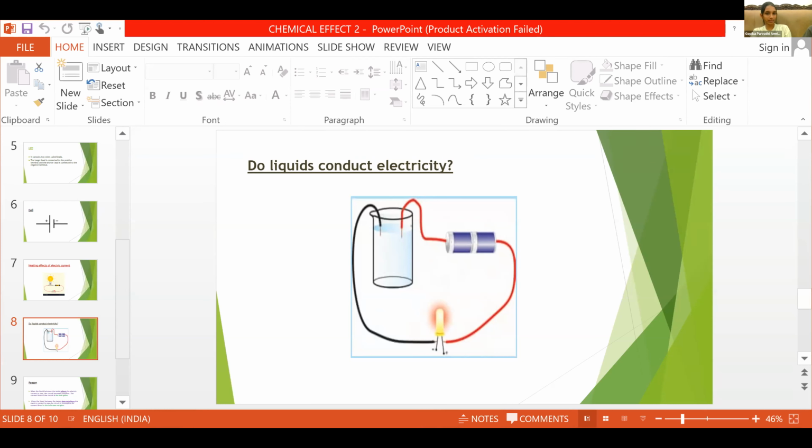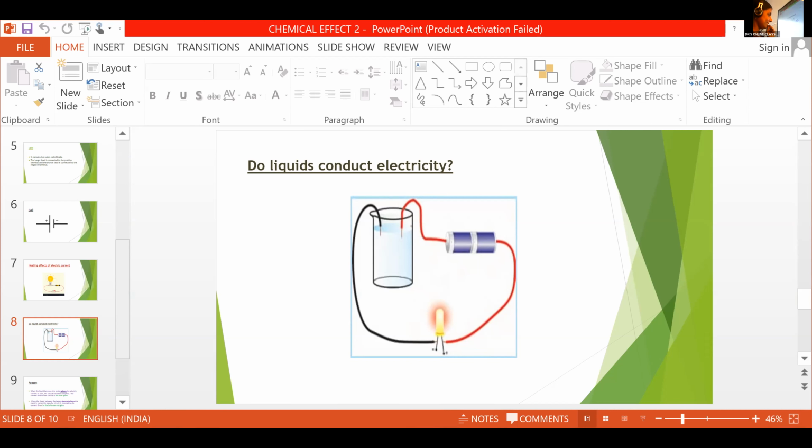Any liquid that we use in our daily life. So many liquids are there. Karthik Vinod, say any liquid. Water. Other than water, say any other liquid. Milk. Fuel. Petrol.